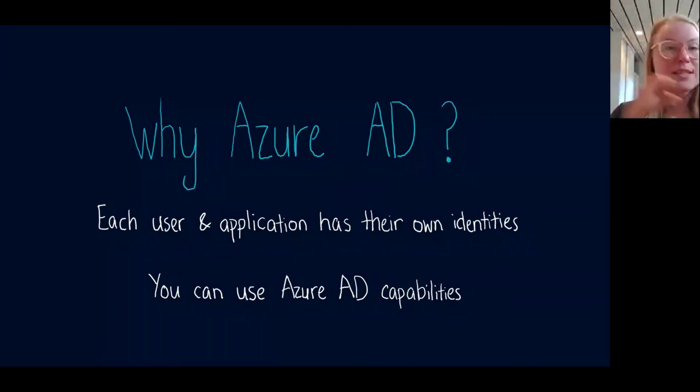And we have things like risky sign-in reports that are available in Azure AD. And we might be able to find if our users are performing something that they shouldn't be doing. So it really gives us a lot of capabilities that are available in Azure AD that enables us, for example, to really strengthen our security posture in terms of our identities a lot.